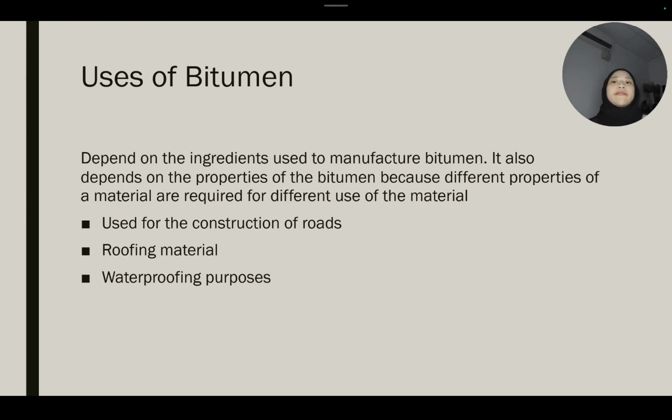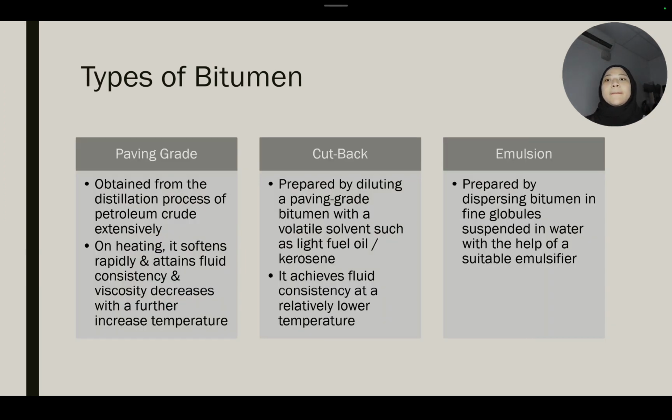The use of bitumen depends on the ingredients used to manufacture it. For example, it is used for the construction of roads, roofing material, and waterproofing purposes.